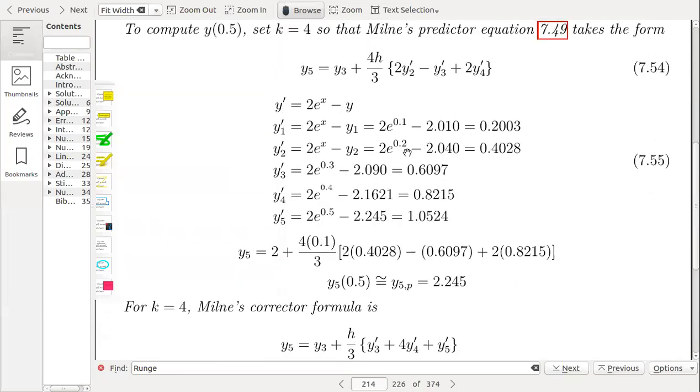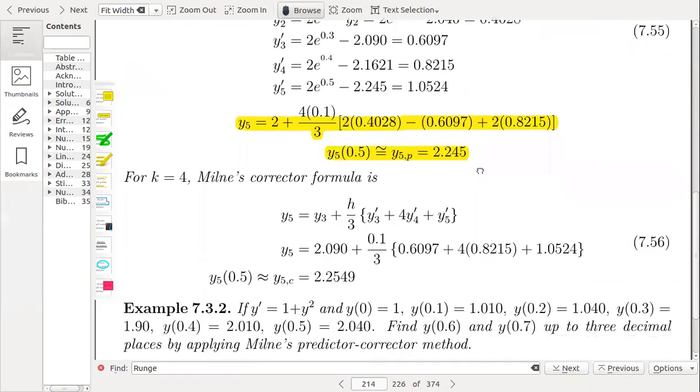So substituting these values in equation 7.54, we will have y4 is equal to 2 plus 4 into 0.1 by 3 and other values. Simplifying this, we will have y5 at 0.5, the y5 predictor value is equal to 2.245.